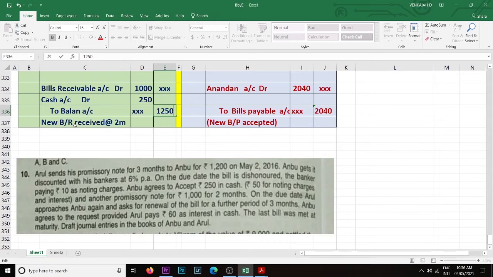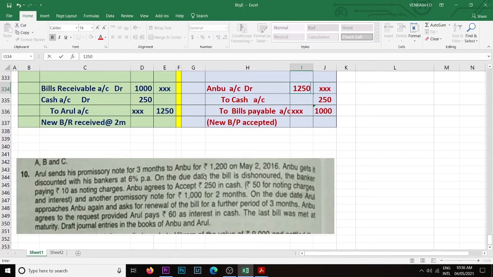New bill is for 2 months. So name is Arul. And then Anbu account debit, to cash account, to bills payable account. 1000. Cash paid 250. And Anbu due is 1250.